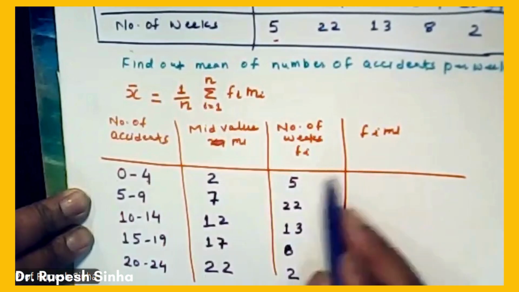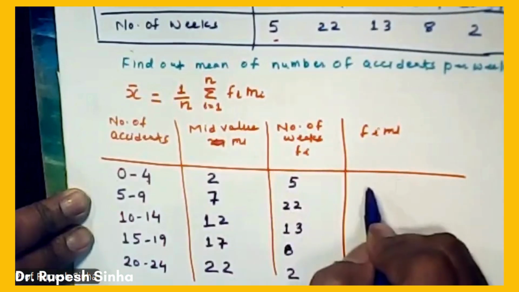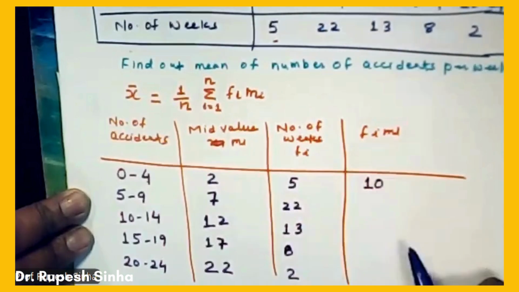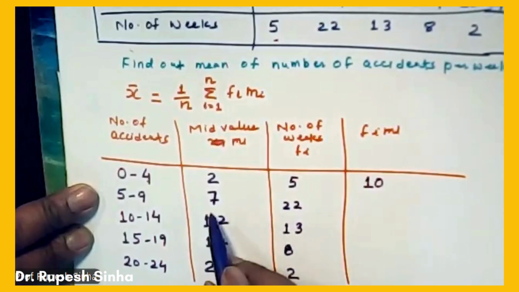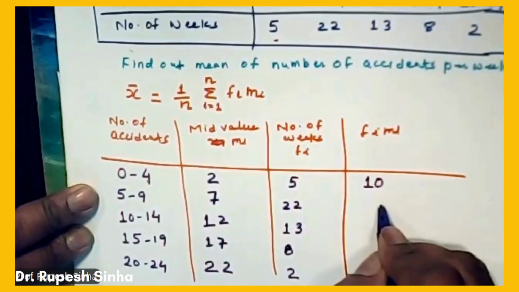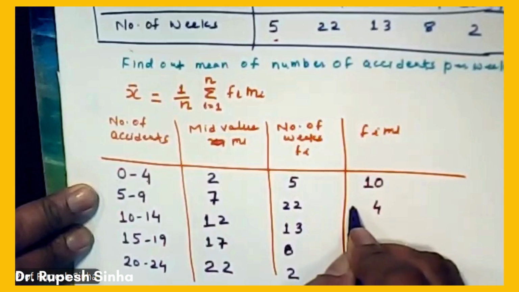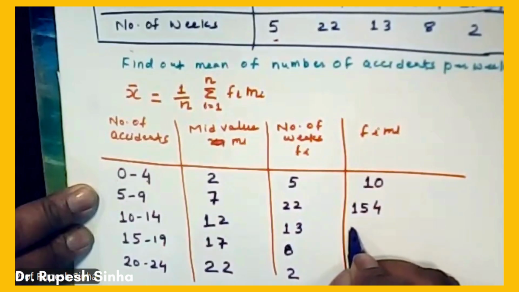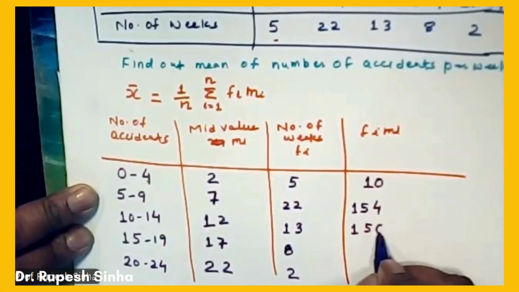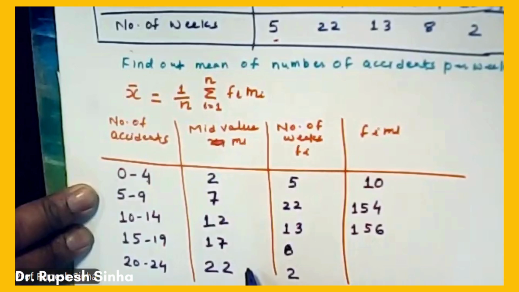So fi mi: 5 into 2 is going to be 10. 22 into 7, 7 twos are 14 and 1, 15, 154. 13 into 12 is 156. 17 into 8, 136, and 22 into 2, 44.